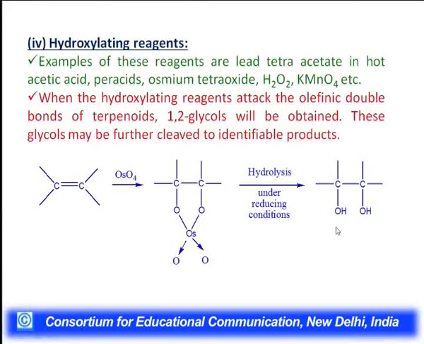Again these glycols are known structures and we can calculate the structure of the terpenoids. So from these oxidative degradation methods, when we degrade the terpenoid into smaller moieties which are known structures, we can calculate the structures of the terpenoids. The other methods we will discuss in the second module.